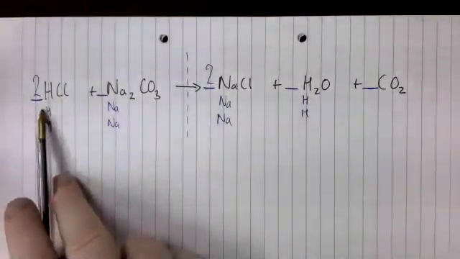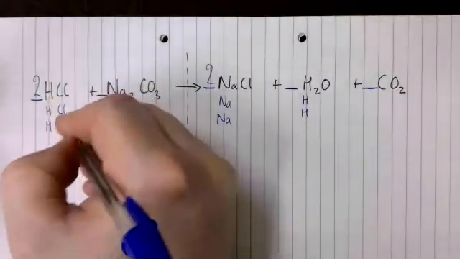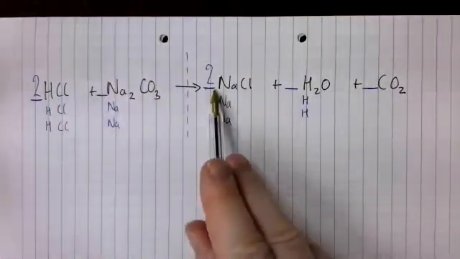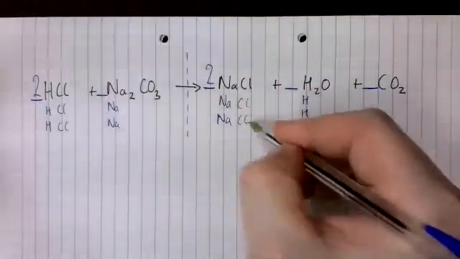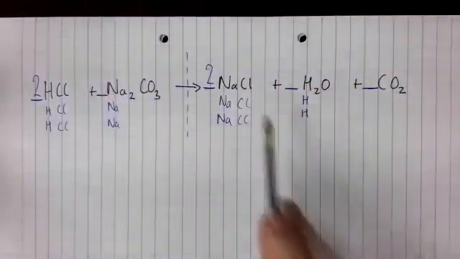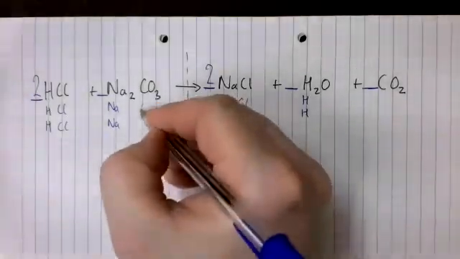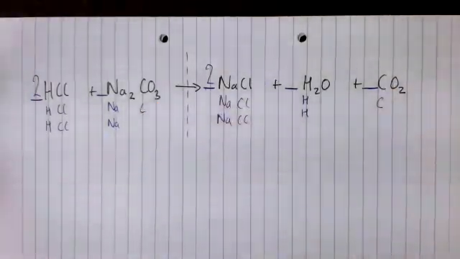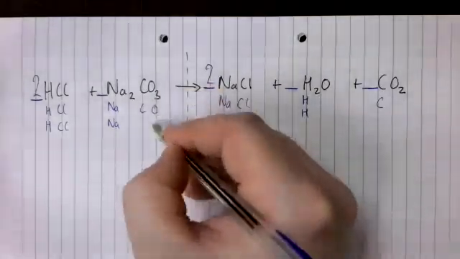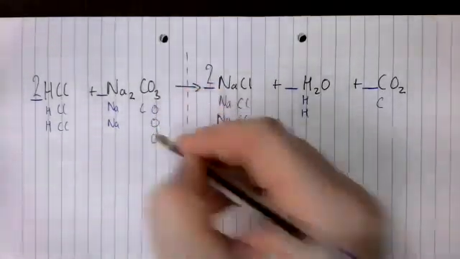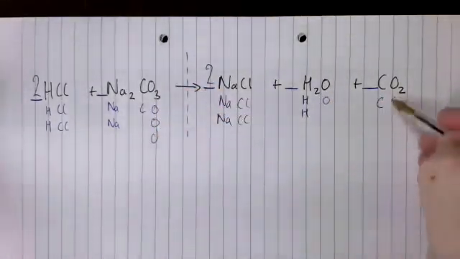Right. We've got 2 chlorines like that. We've got 2 chlorines here, look, as well. How about carbon? So we've got 1 carbon there and 1 carbon there. And then we've got 3 oxygens here, look, 1, 2, 3. We've got 1 there and we've got 2 there.